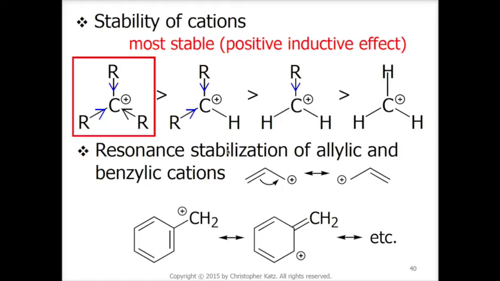But here is the positive inductive effect; we've talked about induction before. If you have alkyl groups in a tertiary carbocation situation, these alkyl groups all donate electron density to the carbocation, right?